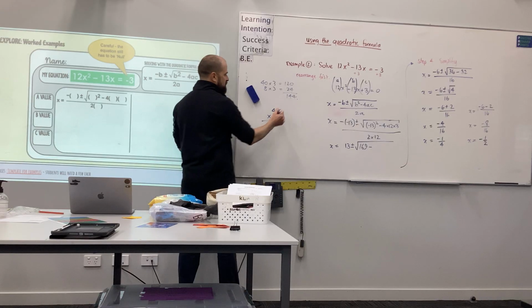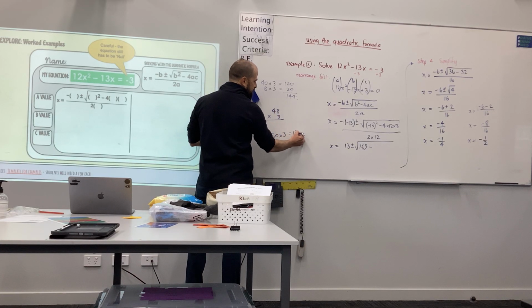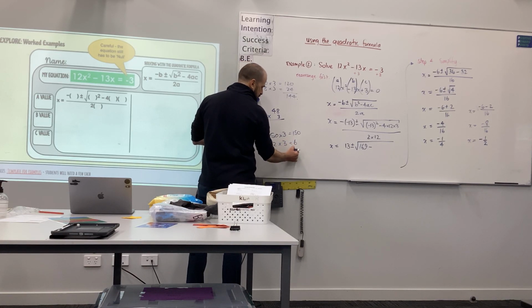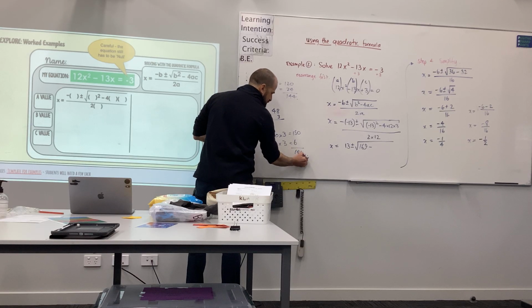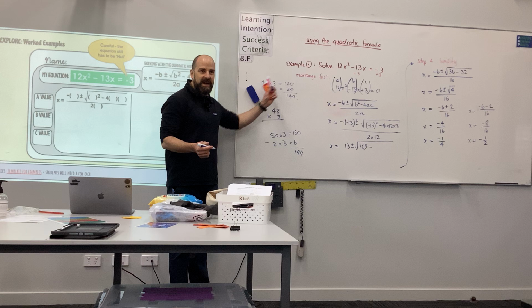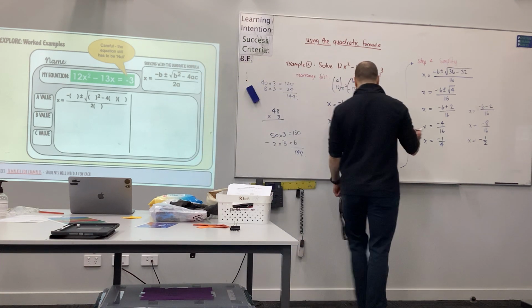I could do 50 times 3, which is 150, and then subtract 2 times 3. Gets the same answer. Either way, you need to have some strategies for being able to do these calculations without a calculator now.